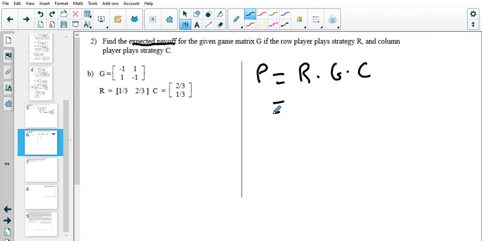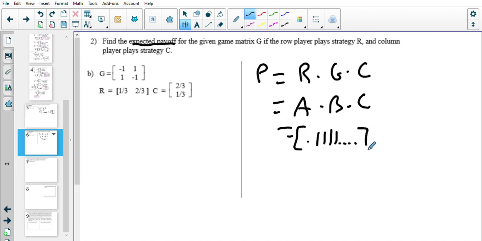And then in our calculator, we have A times B times C, which in this case is a value of 0.1111... which as a fraction is 1/9, I believe.